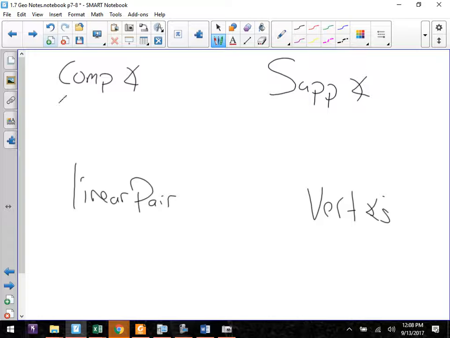So I will say angle plus angle equals 90. Or I will say that angle plus angle equals 180. Okay? That's what we look at when we're talking about complementary angles or supplementary angles.